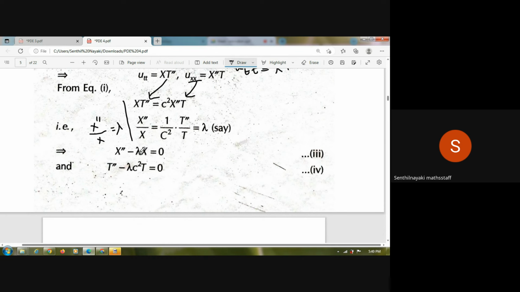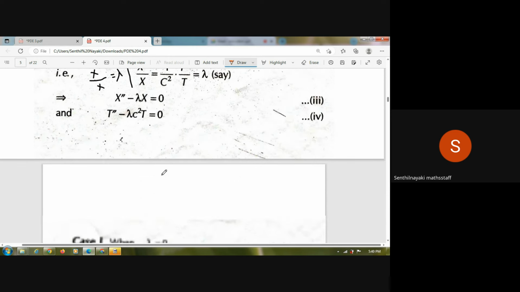Then take this λX to the left hand side, then X'' − λX = 0. Similarly, we can take (1/c²)·T''/T = λ, then we get T'' = c²λT, so T'' − λc²T = 0.